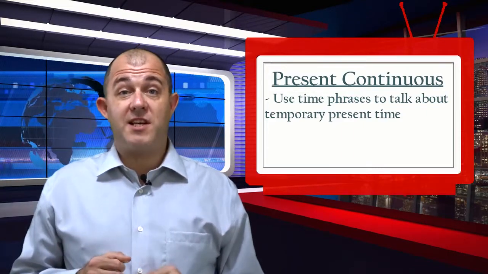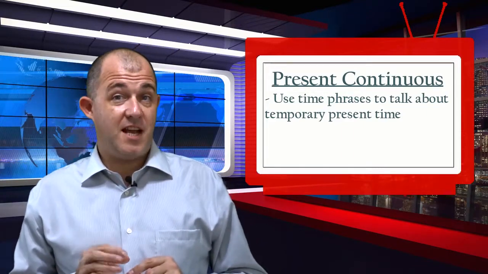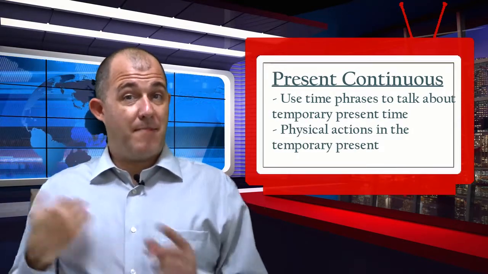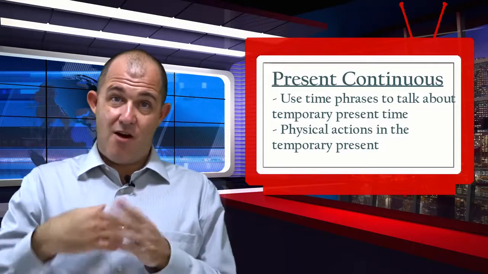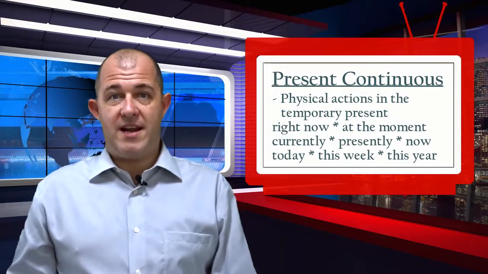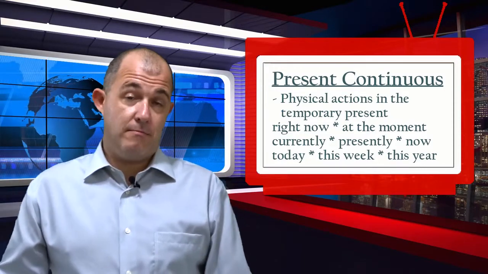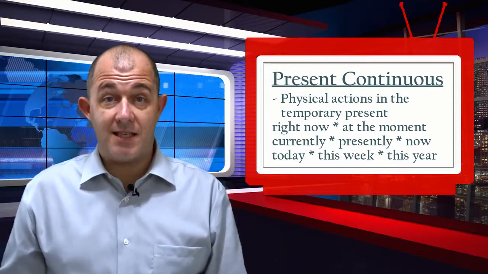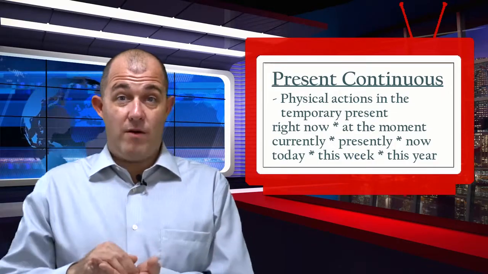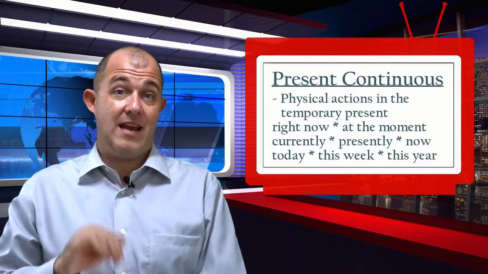Remember that with present continuous, we use the tense to communicate temporary physical actions that began in the past, continue now, and will continue into the future. We can say things like right now, or at the moment, or currently, or presently. And these are all ways of saying now, at the immediate moment that I'm speaking.